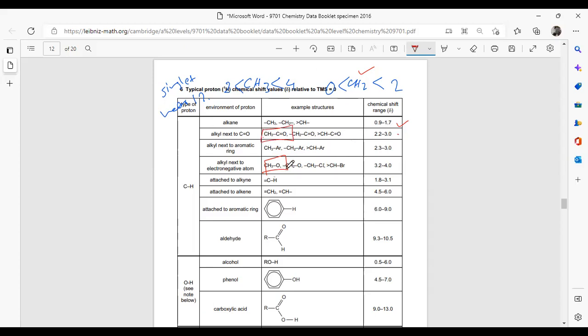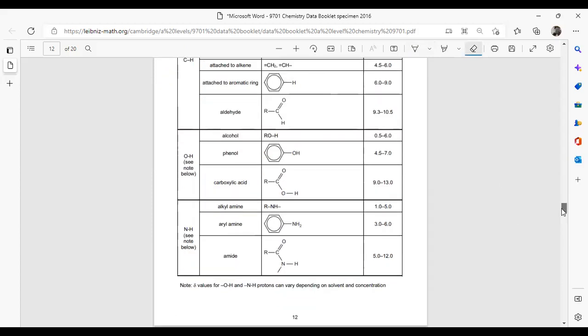But if this was a CH3O group, how should we then find our CH2 group? Let's try to find the singlet part here.